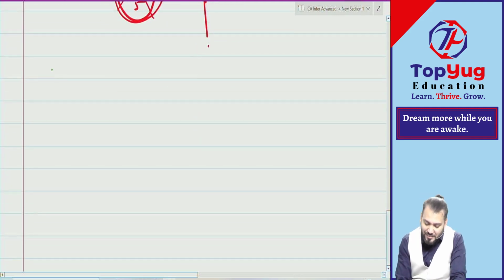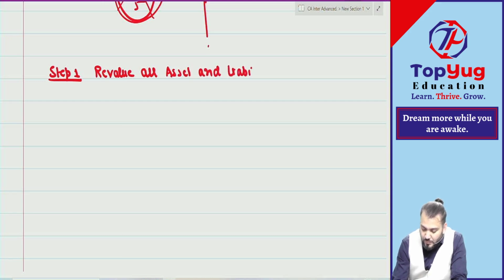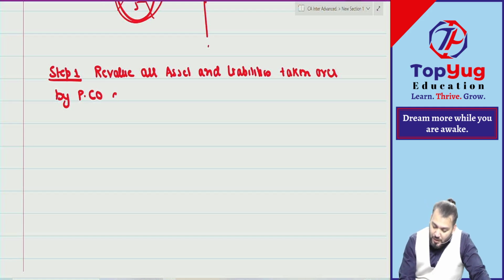Now, can I give it in writing? The step number 1 is what? Now you will say: revalue all assets and liabilities taken over by P company, means purchasing company, at which value?